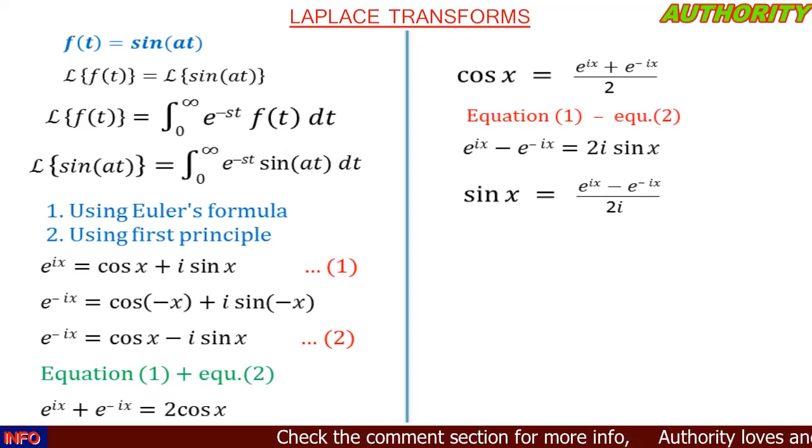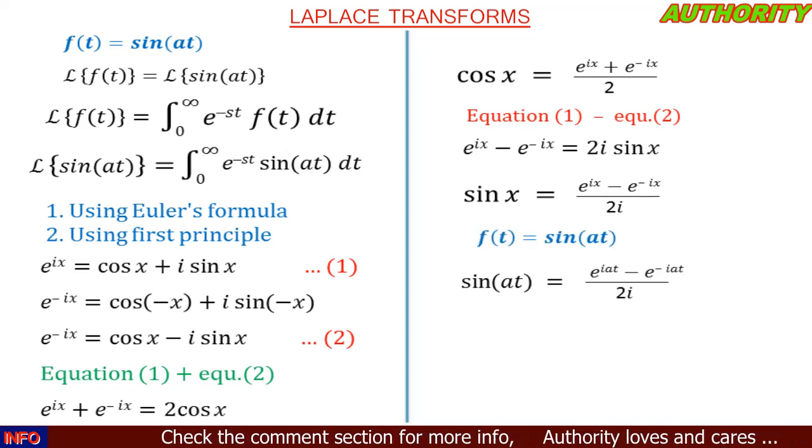But in the function we are given, f of t is equal to sine at, while what we have here is sine x. So in place of x, we can write at. Now we're going to have e raised to the power of iat.